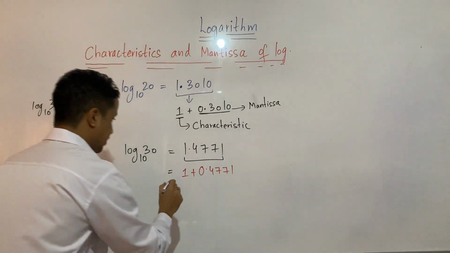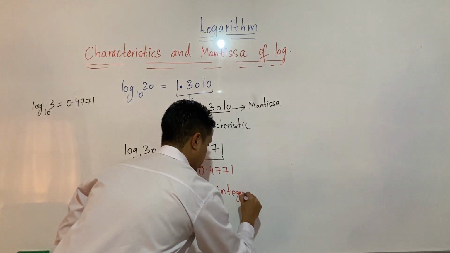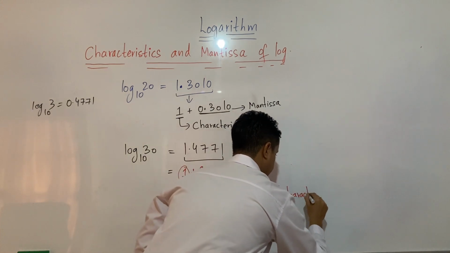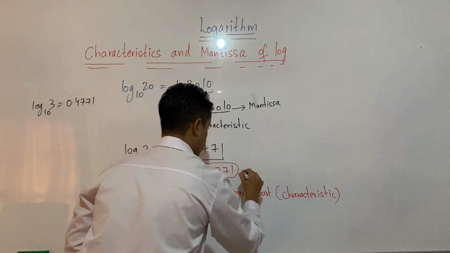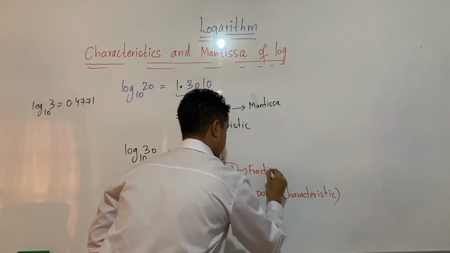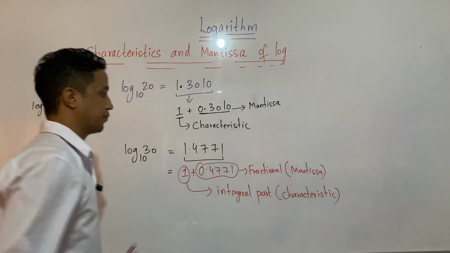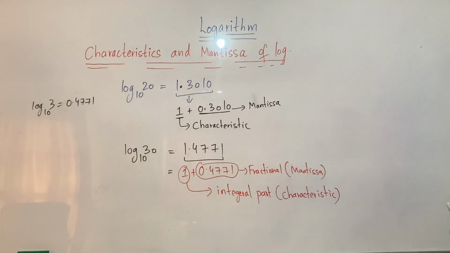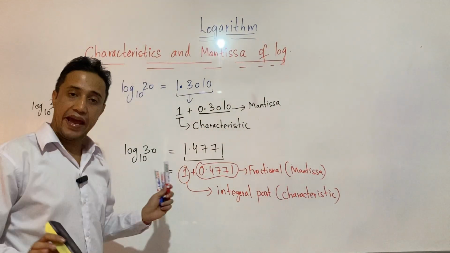Now this is your integral part, which means the characteristic, and this is your fractional part, which means the mantissa.